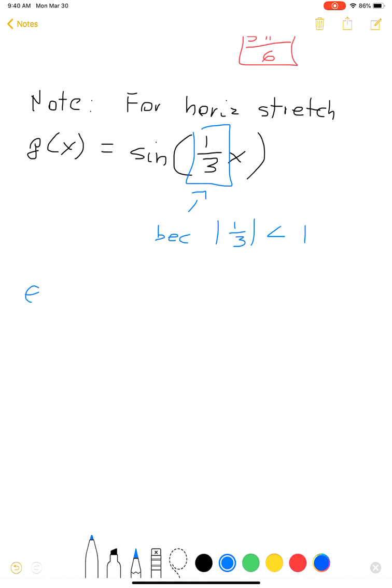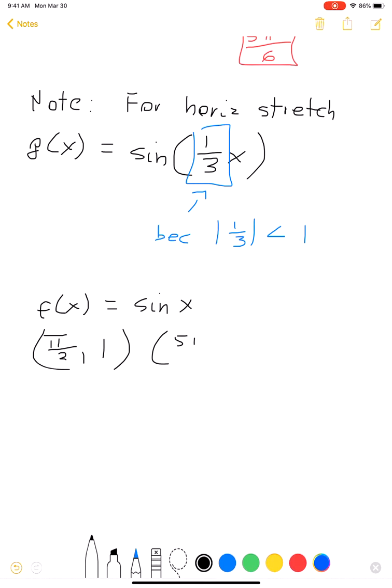So f of x equals sine of x, and I'm going to use the two original points which we use, pi over 2 comma 1 and 5 pi over 2 comma 1 for g of x, which is the horizontal stretch, which is sine of 1/3 times x.